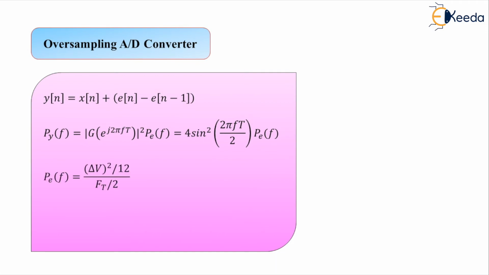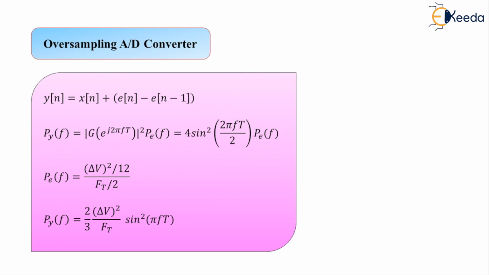Further, this is all divided by ft divided by 2. Now if we substitute into the previous equation of Py of f, we get the simplified representation. Py of f is equal to 2 by 3 times the square of delta V divided by ft, that is further multiplied by sine square of pi f/ft.